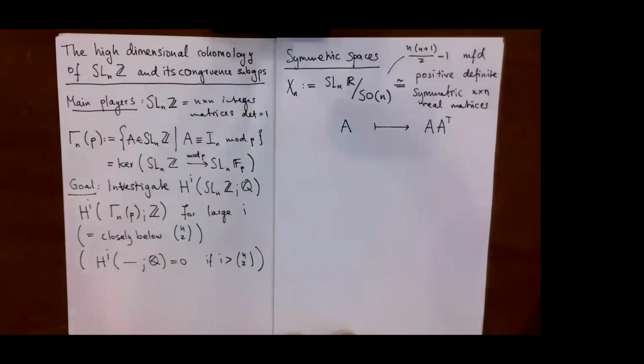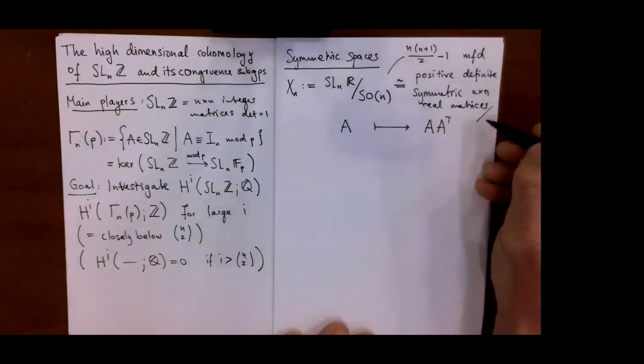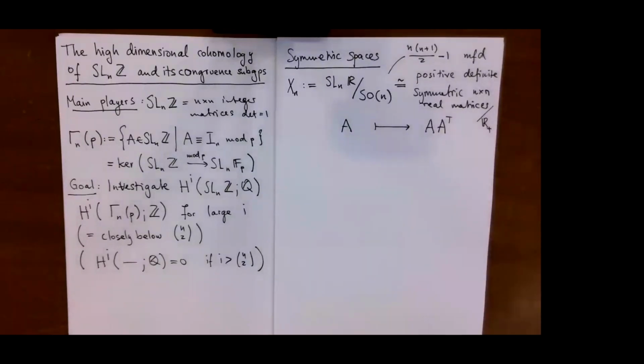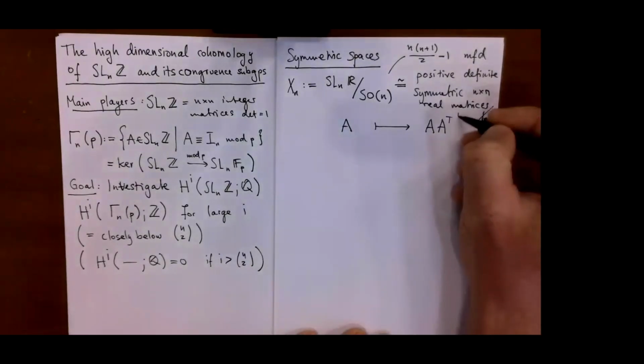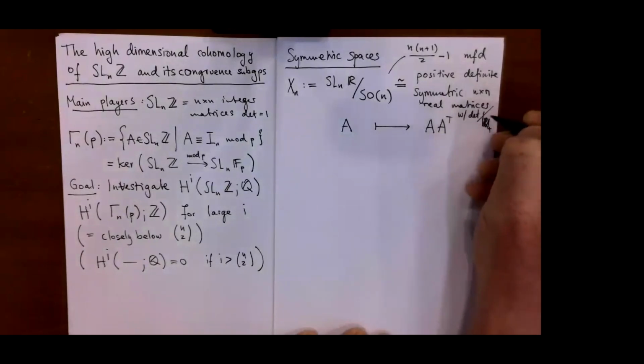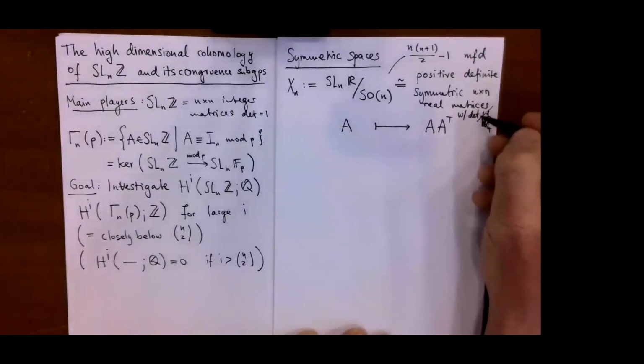I did something wrong here. I have to mod out by R plus or something, right? Yeah, or just say determinant 1. Okay, let's do that with determinant 1. That's exactly what I get here. Determinant 1 matrix. Exactly.